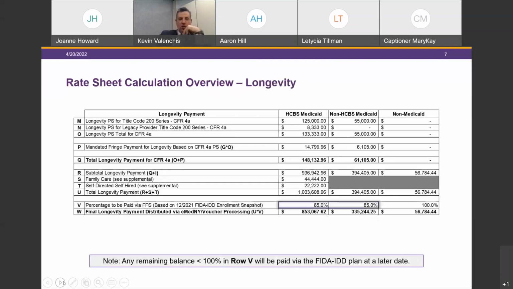So now this is still a longevity payment, and now we're looking at M through W. When we calculated the value of the PS for Title Code 200, we also looked at the hours for the sending agency of the CFR 4A. Let's use an example.